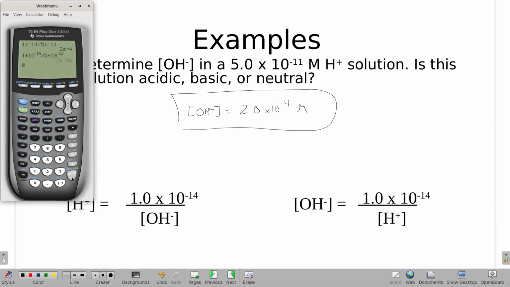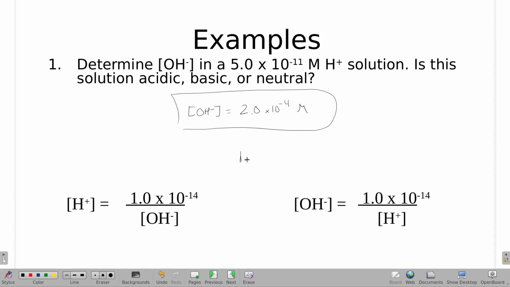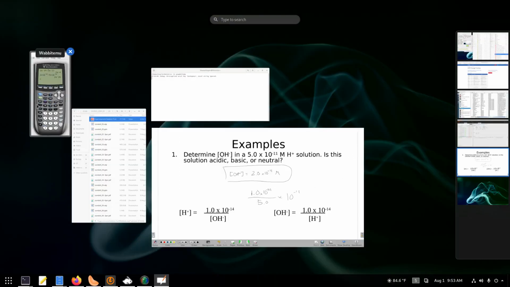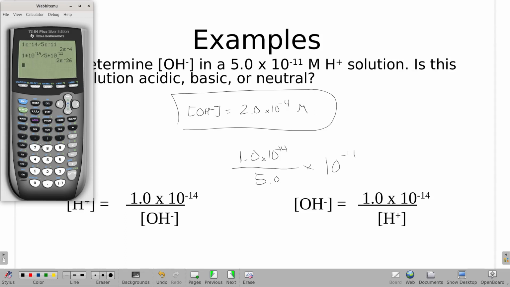Yeah, but look what happens if I enter that. See, the exponent is different? The reason is, what the calculator actually did was 1 times 10 to the -14th divided by 5, and then multiplied all of that by 10 to the -11th. So if your calculator has the times 10, do both of those in parentheses, then you don't have to worry about it.